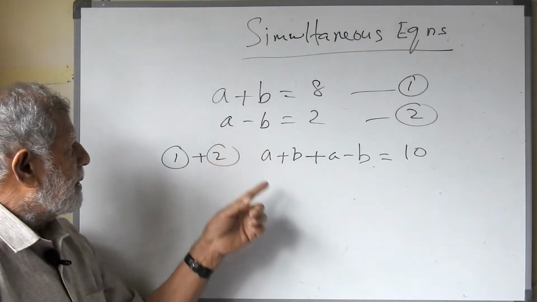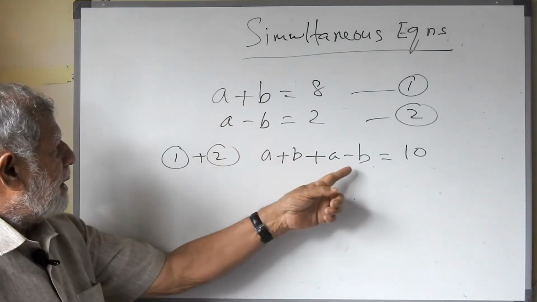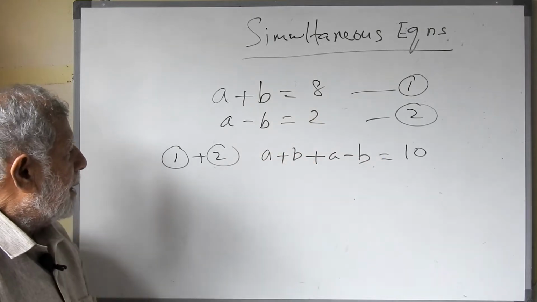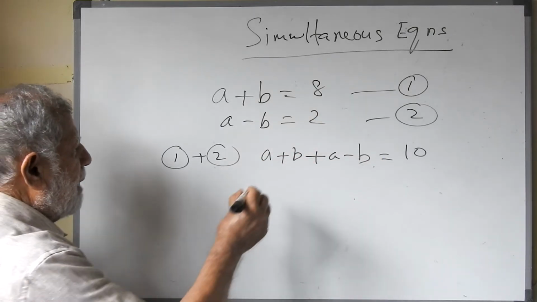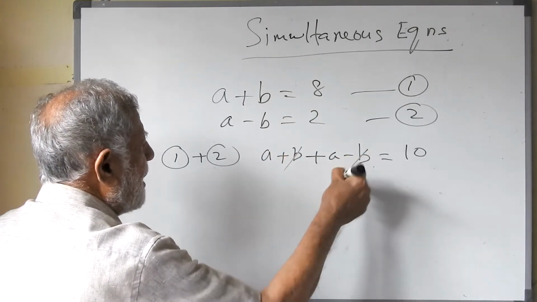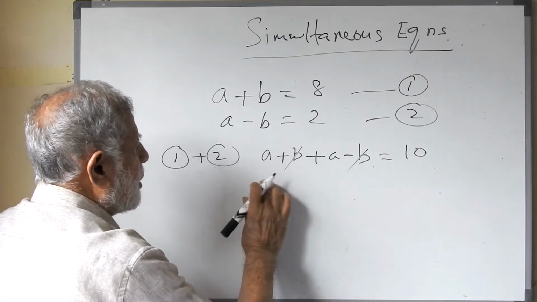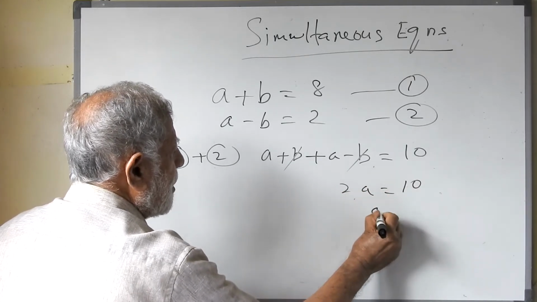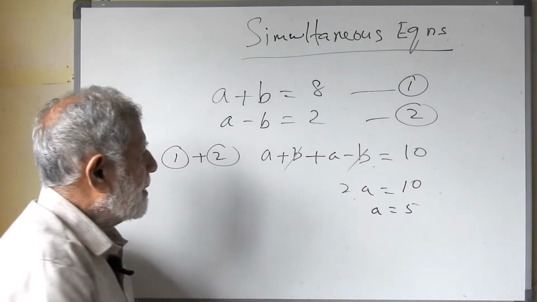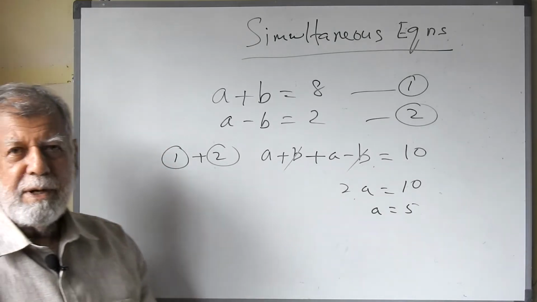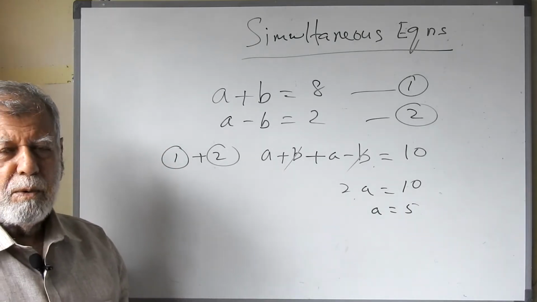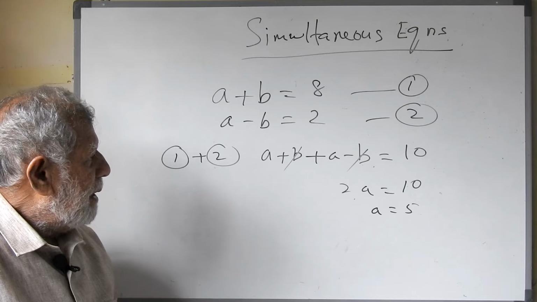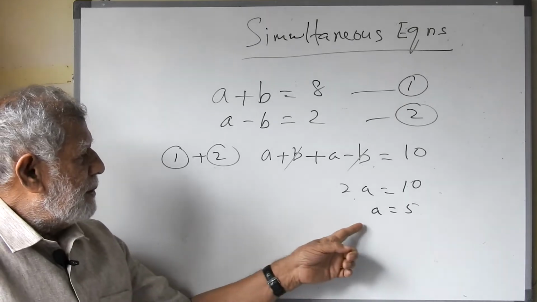Now can you see B and B getting cancelled? Plus B minus B cancel. So remaining is 2A. 2A is equal to 10. So A is equal to 5. So by adding we were able to get rid of one unknown and find the answer for the other unknown, which is equal to 5.